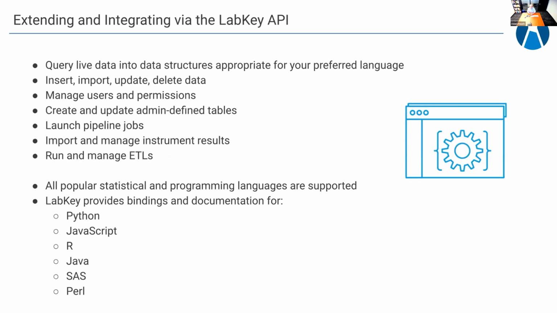The APIs can then be called from a wide variety of popular statistical and programming languages, all the usual suspects: Python, JavaScript, R, Java, etc. This is the way that our clients extend Biologics through custom applications that reside on the server, or outside of the server in scripts, separate web applications or separate programs.